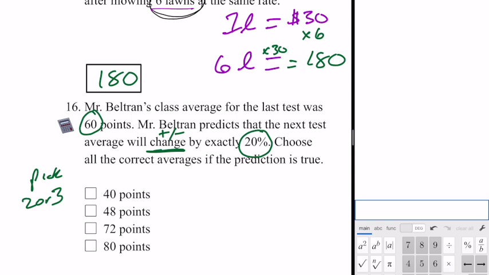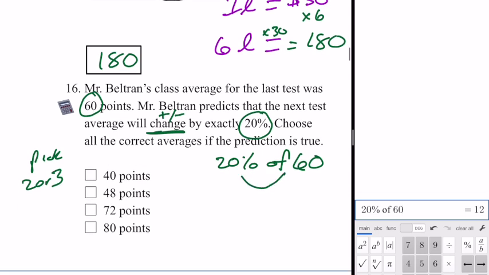All right. So what do you guys think I should do here? Well, if I know that my average was 60 points and it's going to change by 20%, I need to find out what 20% of 60 is. So if I look at my calculator, I just pressed the percent button. I want 20% of 60, and I got 12. So how did they do that? What if yours doesn't look like this?